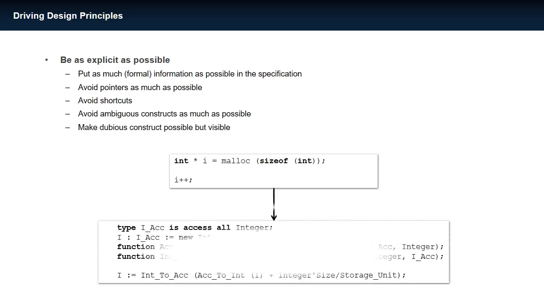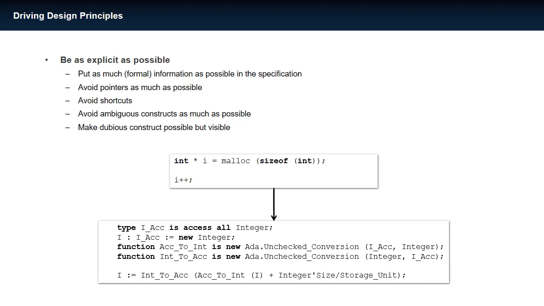Here we create a type, which is an access to an integer. Then we create a variable I of that type and new up an integer. This is equivalent to the malloc line in the C example. The next two lines look a little bit off. We can see the word unchecked there, which tells us immediately that we are doing something that is potentially dangerous.